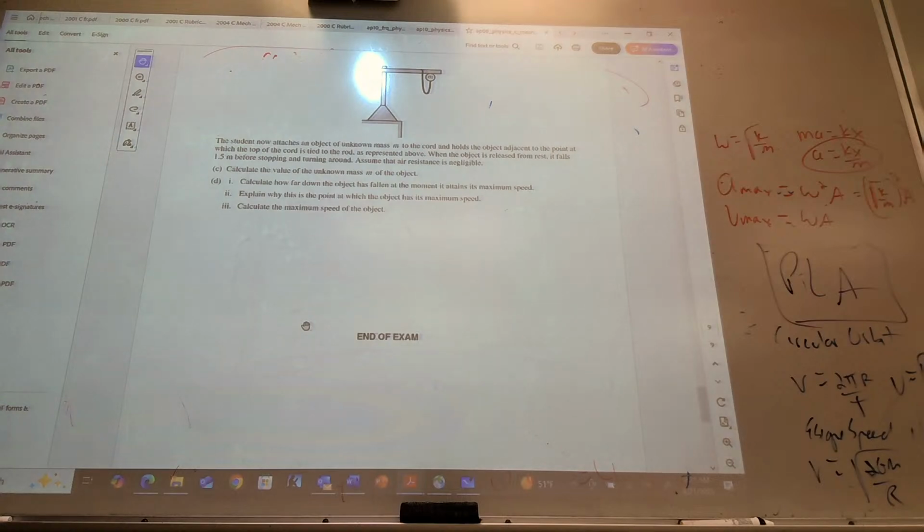So they tell you that at 1.5 meters, it stops and turns around. That simplifies your conservation of energy equation. You should be able to just plug in that and solve for the mass. You know your K, so you're plugging in your K from part A.